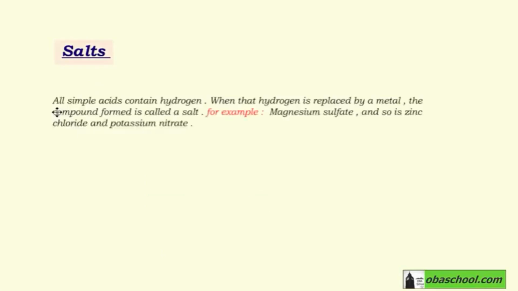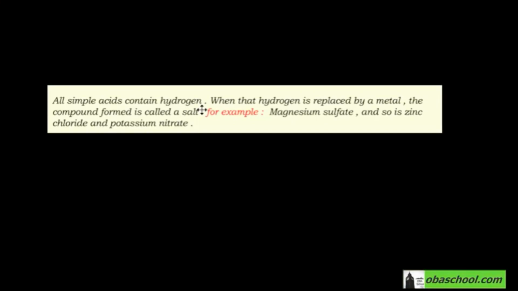So let's start. All simple acids contain hydrogen. When that hydrogen is replaced by a metal, the compound formed is called a salt. We said that when any metal reacts with an acid, it will produce salt plus hydrogen gas.